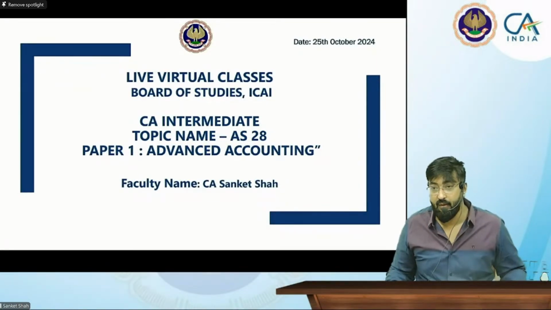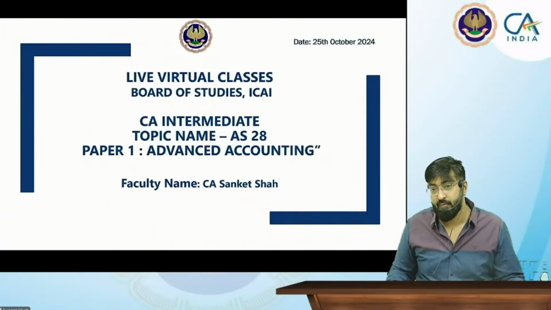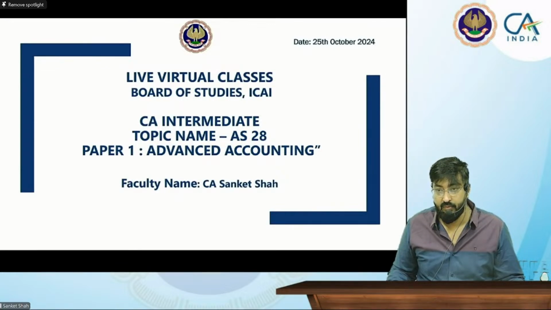AS1 disclosure of accounting policy, AS2 valuation of inventories, AS3 cash flow statement, AS4 contingencies and events occurring after the balance sheet date, AS5 net profit or loss for the period, prior period items and changes in accounting policies.